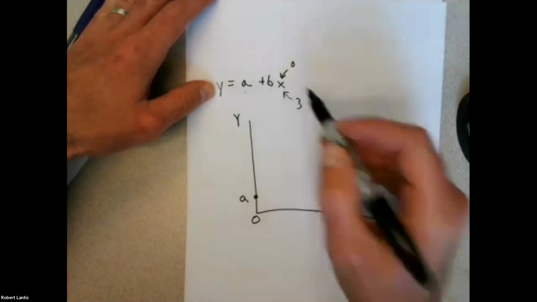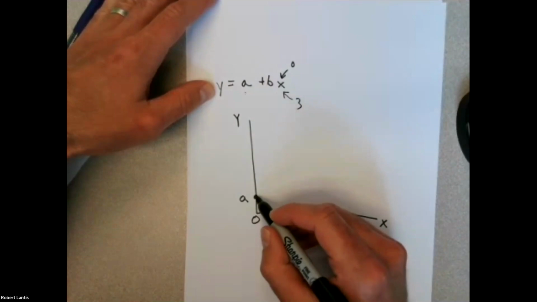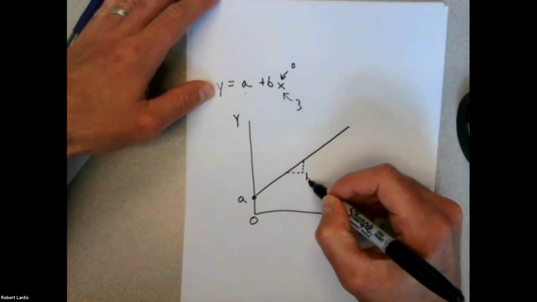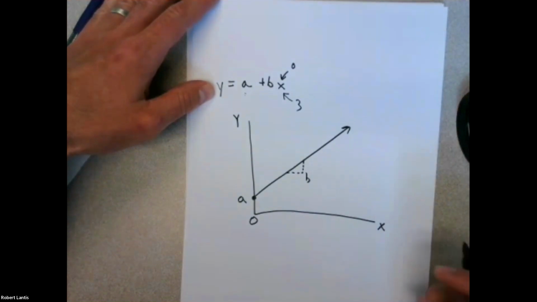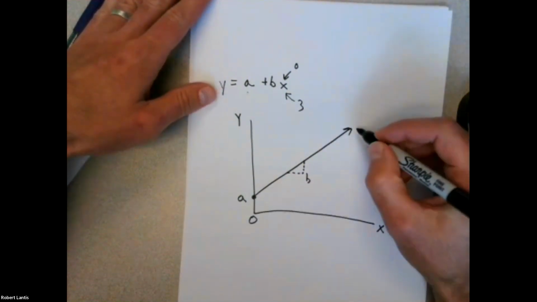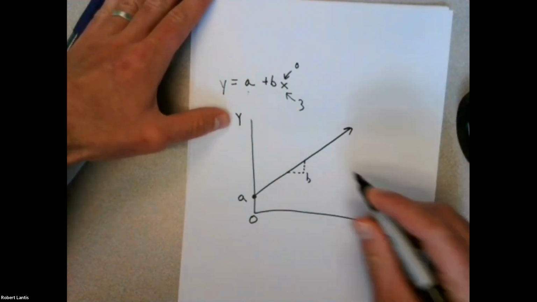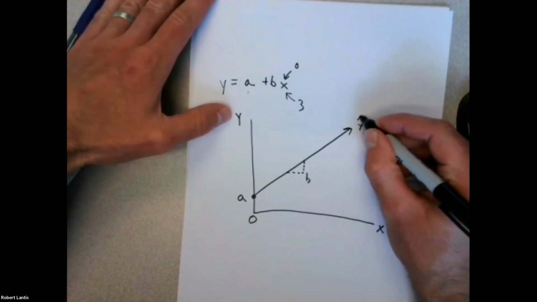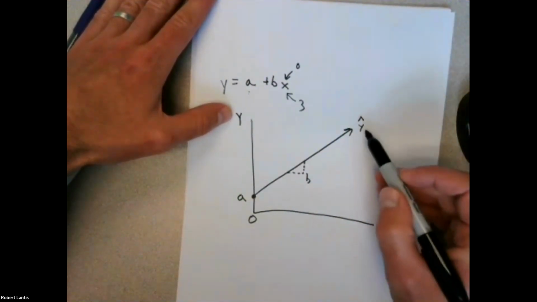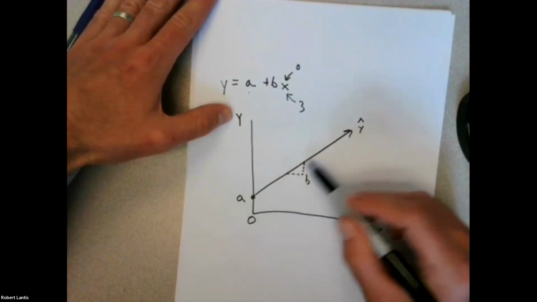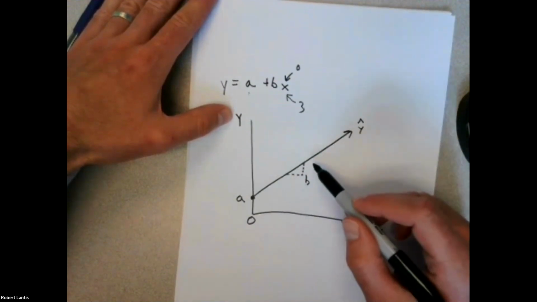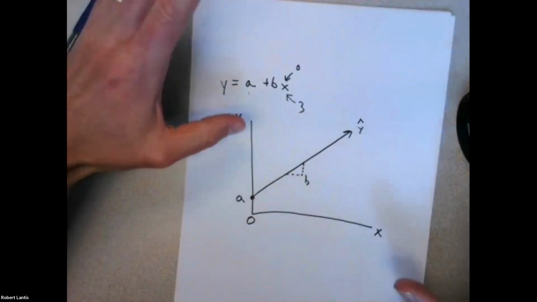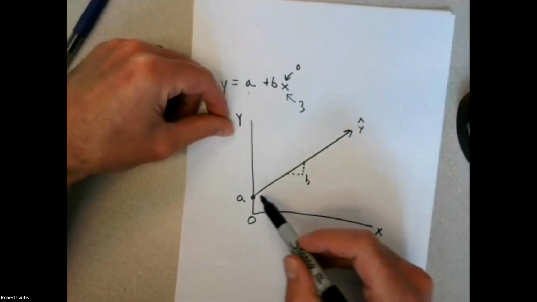And then as X goes up, if B is positive, our slope is positive, we're going to have a line such that for different values of X, I can tell you the different predicted values of Y, which we write with a hat, that would be on this line.